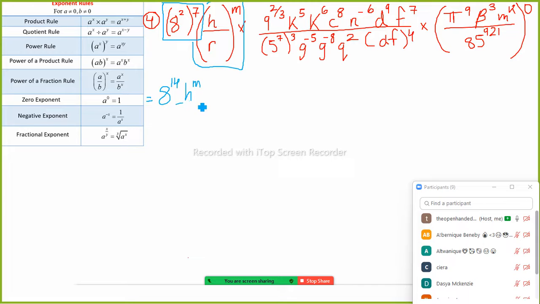H to the power of M all over R to the power of M. Multiply that by 9 to the 2 over 3. Sierra, can you help me with that? 9 to the second power. Okay, good. Cube root, 9 to the second power.